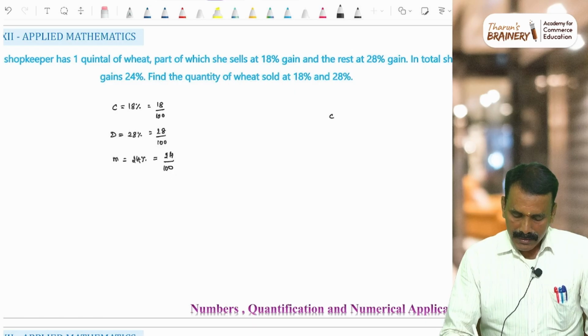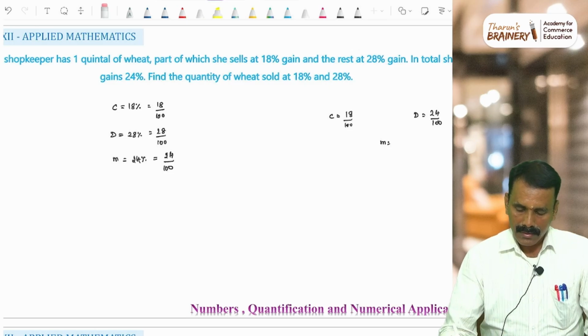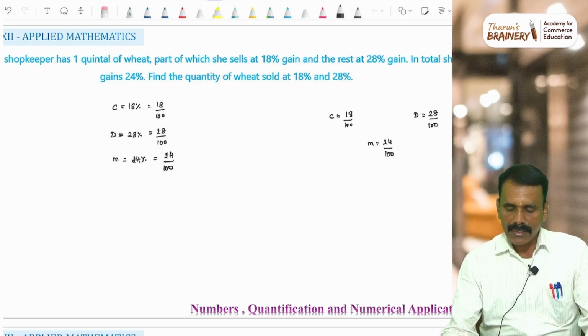So C is 18 by 100, D is 28 by 100, M is going to be 24 by 100. So C is written this side, left side, D is written right side.